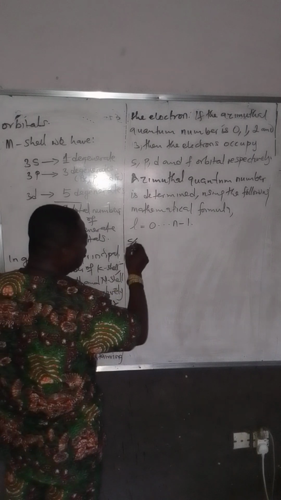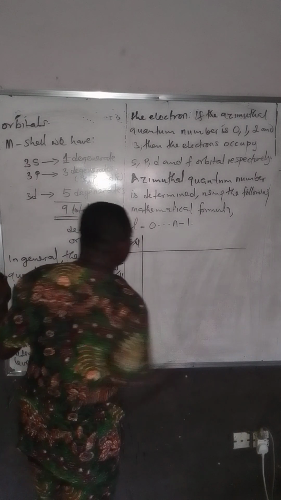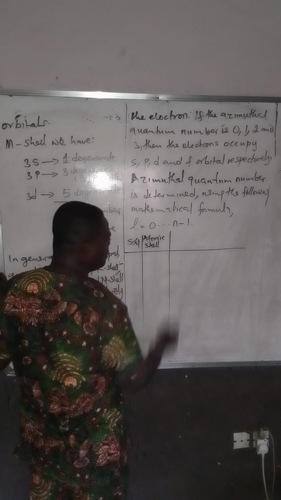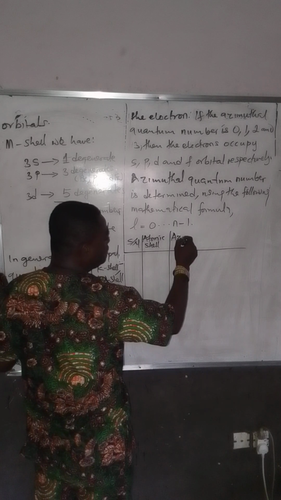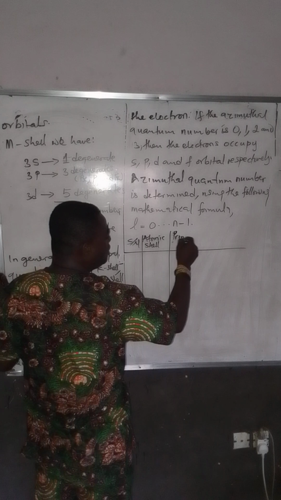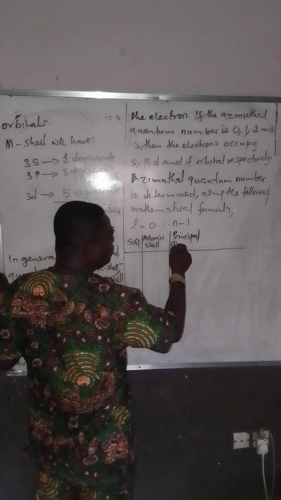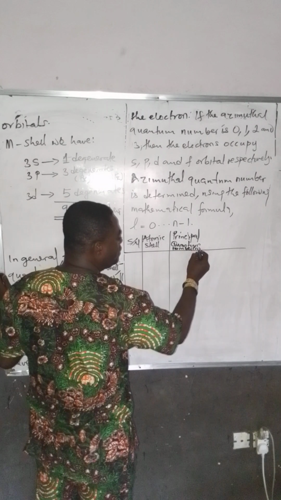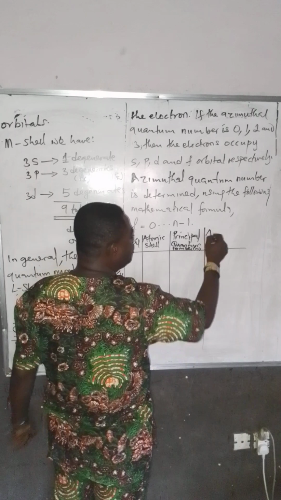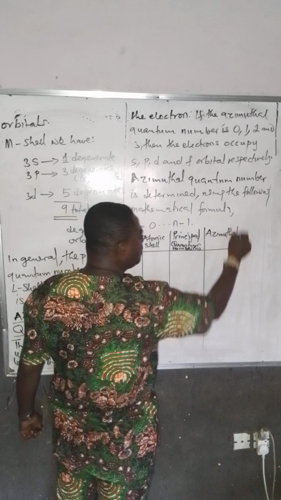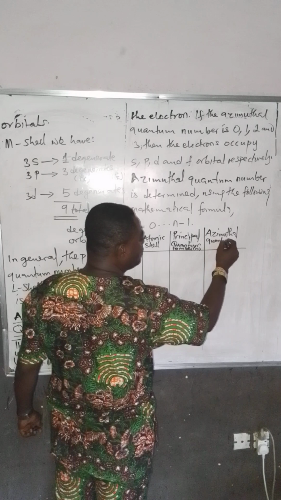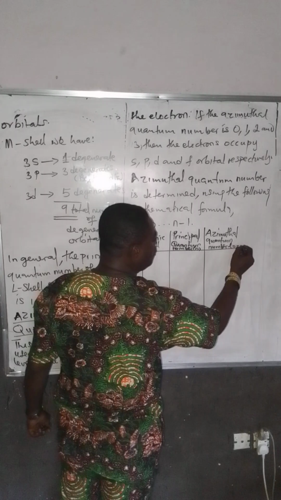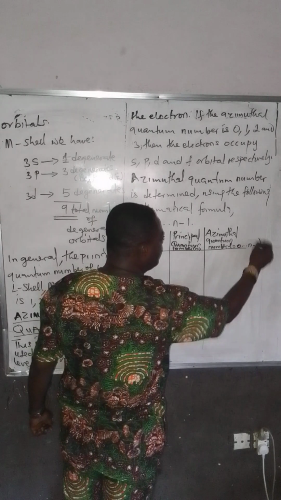For example, you have the serial number, the atomic shell, the principal quantum number, which is n, then the azimuthal quantum number, which is L equals 0 to n minus 1.